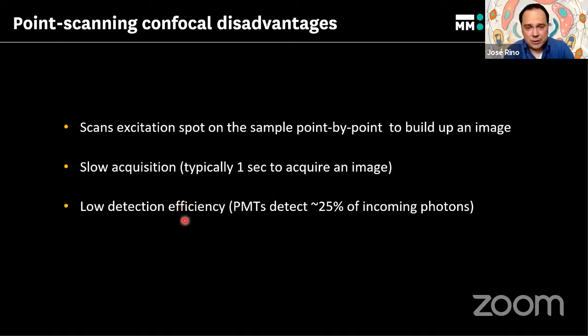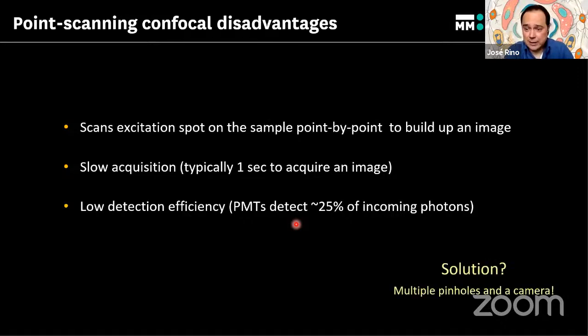The detection efficiency of PMTs is not very high, only about 25%. So if you want to do live imaging, the point scanning confocal is not really the system of choice because of speed, the low detection efficiency, and the high laser intensity that you need to use. These are all prone to photobleaching and photodamage, so not really the best.